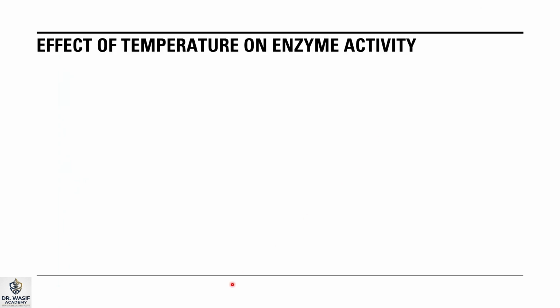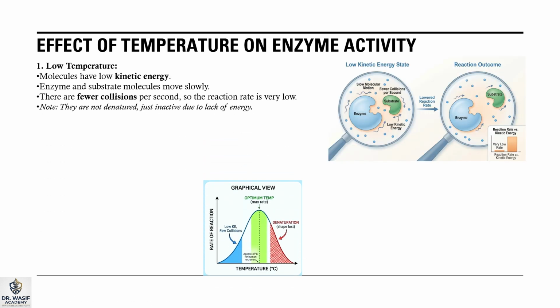So my dear students, enzymes are hard workers, but they are also very sensitive to their surroundings. One of the biggest factors that dictates how fast they work is temperature. First of all, we shall discuss low temperature. At low temperatures, imagine everything is in slow motion.